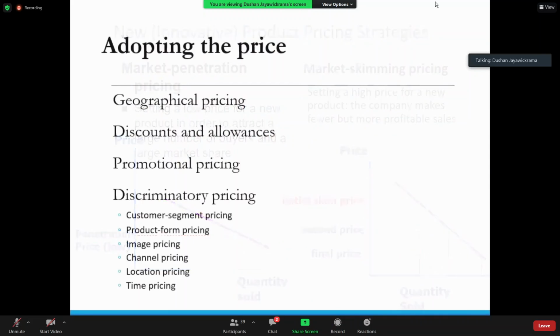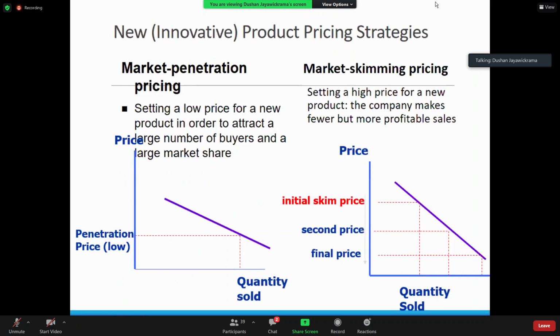For innovative products, we talk about two pricing strategies: market penetration pricing and market skimming pricing. Just keep these two in mind. If you are offering a new product for the first time in the market, you can select between these two approaches. Skimming pricing means you skim.